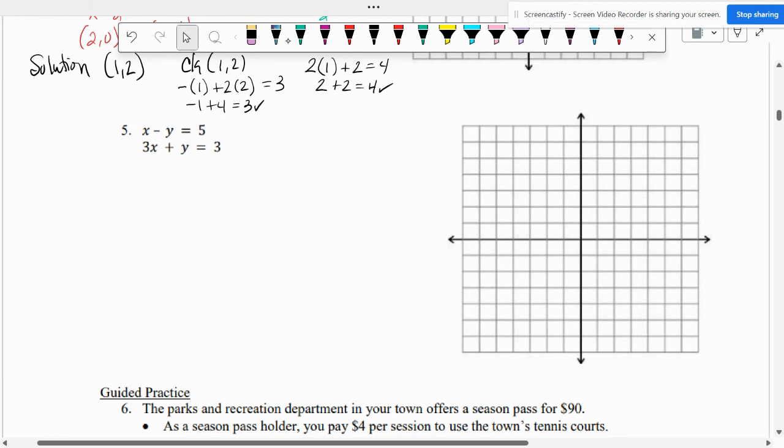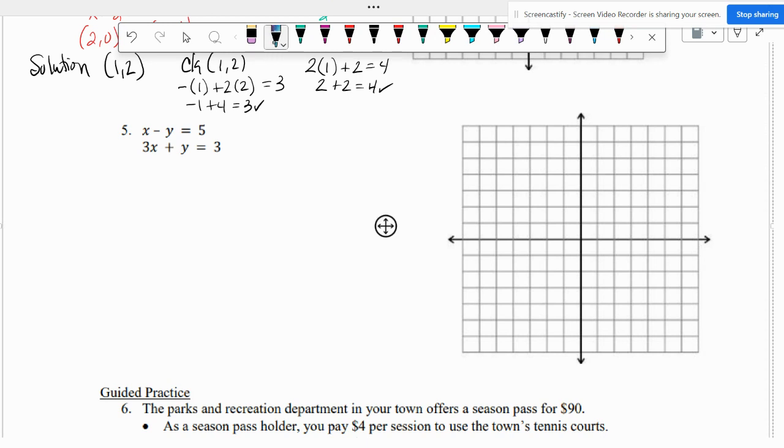So last example, I think this is your last graphing example. So for this one, I think that we're going to use the cover-up method. So x equals 5 and negative y equals 5. Divide both sides by negative 1. Whoops, negative 1, not negative y.